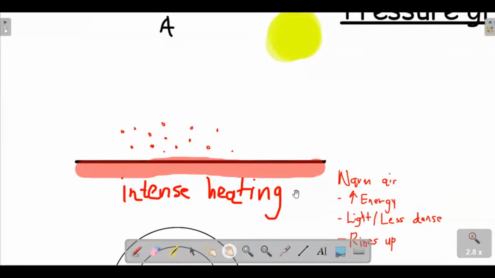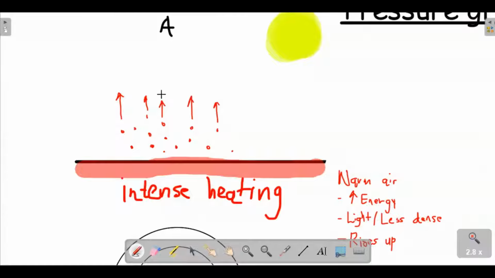As I said, guys, if you do not understand this, please go check out the previous video. Now you have this warm air and it rises up, and we called that convection: the rising up of warm air, or the transfer of heat vertically to higher altitudes.